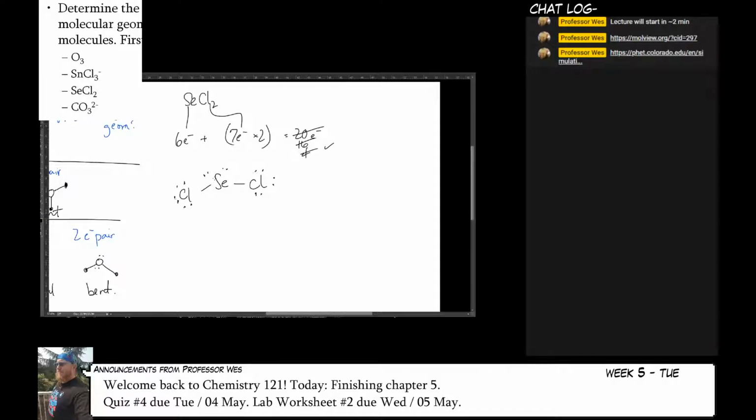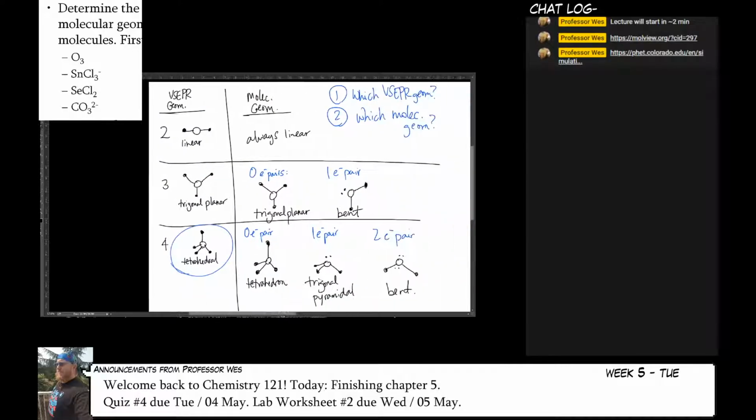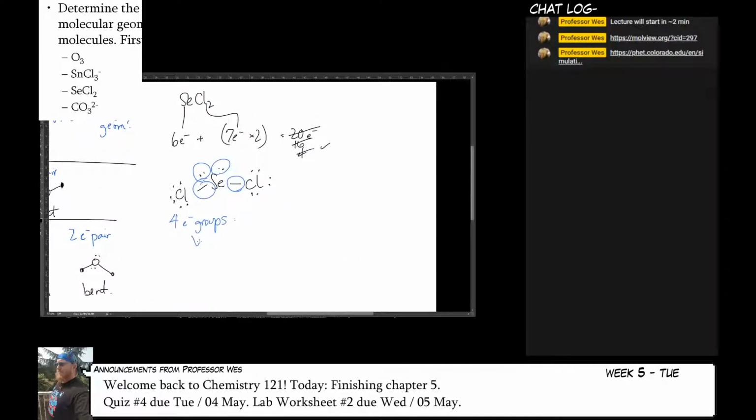How many electron groups are around the central atom? Here's a pair, here's a pair, here's a bond, here's a bond. 4 electron groups. So which one is that? That's this one. VSEPR geometry is tetrahedral.